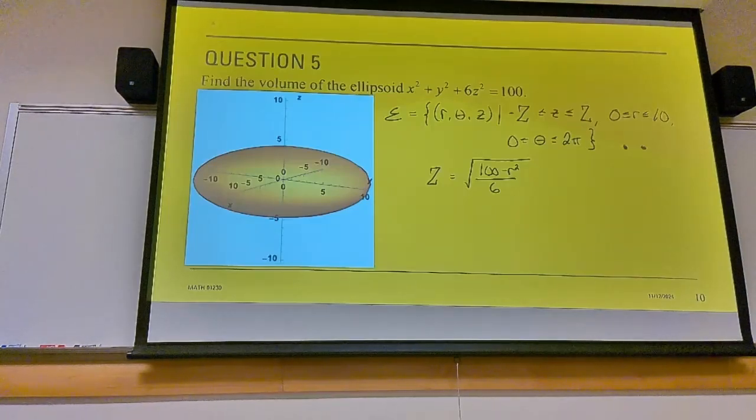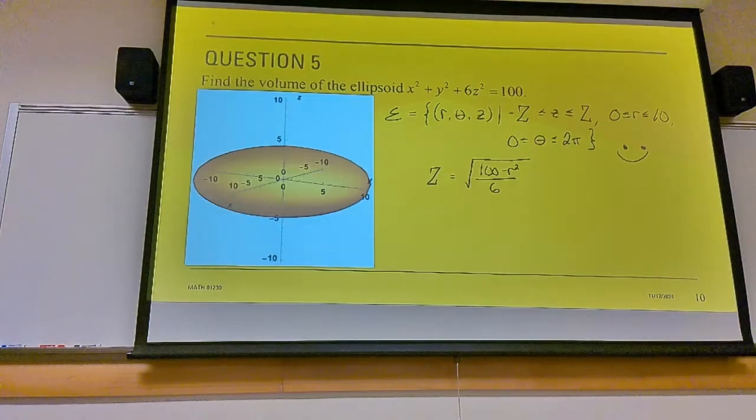Doing this in spherical is a pain, because your rho is going to be dependent on phi. It's going to be a function of phi, and it is not a nice function of phi either.